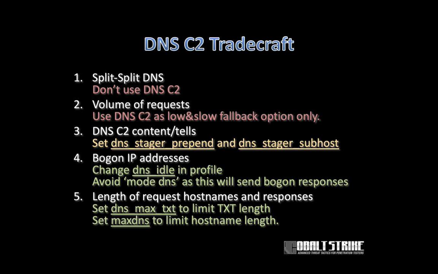There is a DNS max text option in malleable C2 to limit the size of a TXT record response when the DNS text record channel is in use. Similarly, the max DNS option will limit the hostname length when Beacon sends data back to you over DNS.